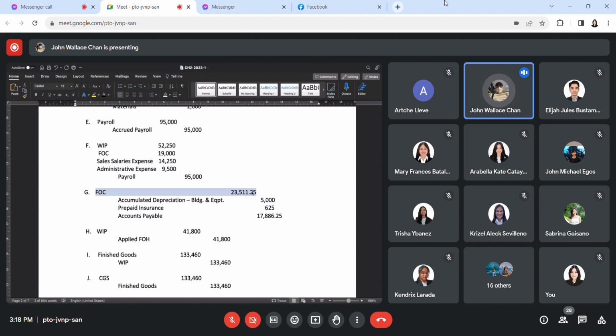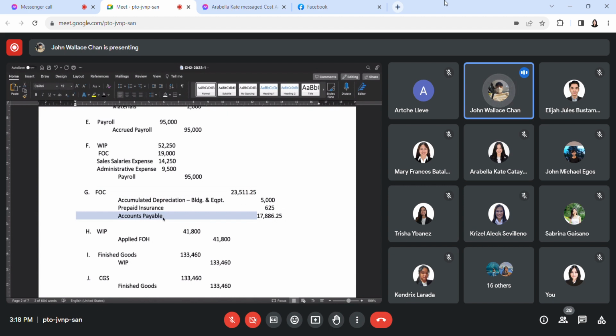So it says here na 5,000 was allocated for accumulated depreciation. For your prepaid insurance, we have 625. And then for the rest, the remaining overhead, 17,886 were unpaid. So meaning we credit accounts payable.